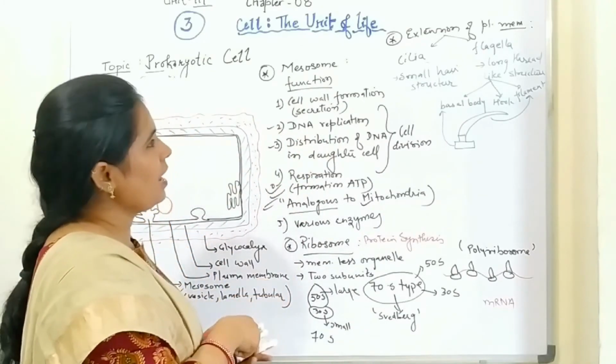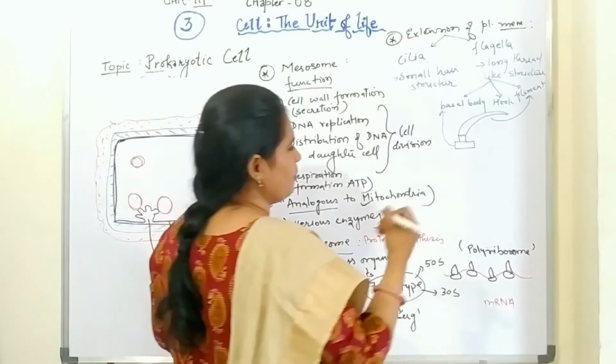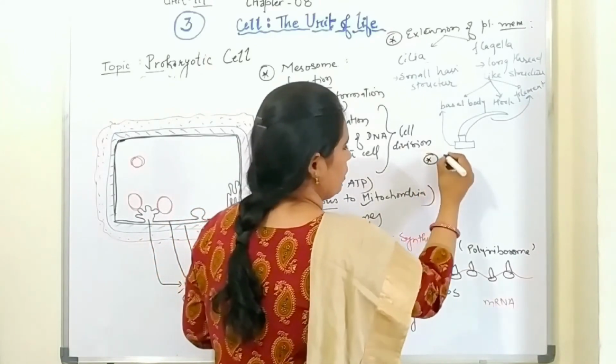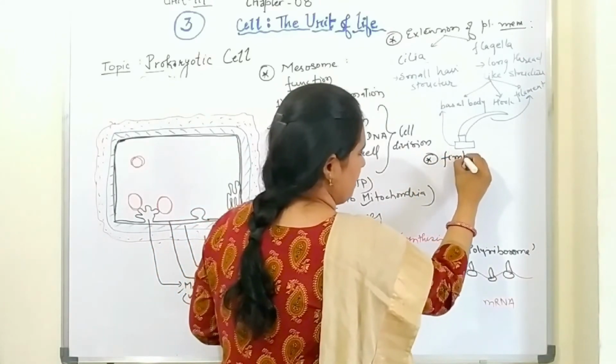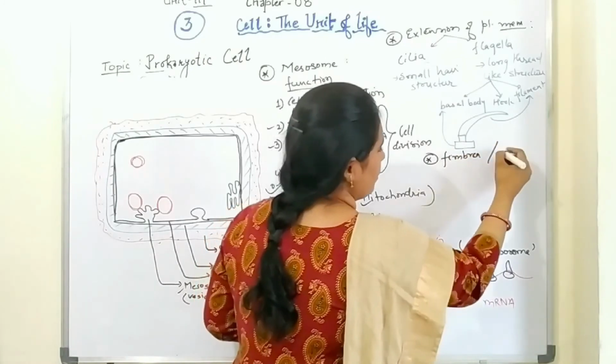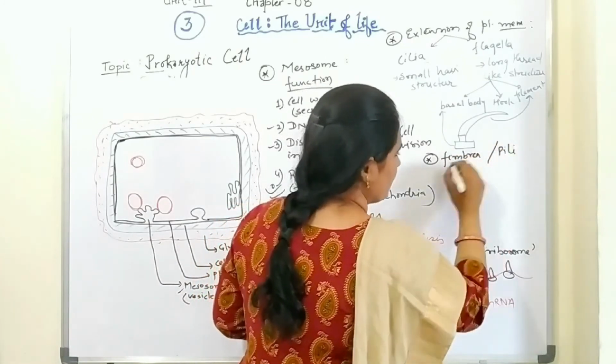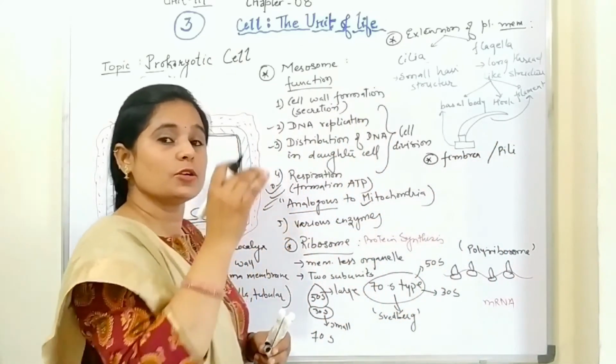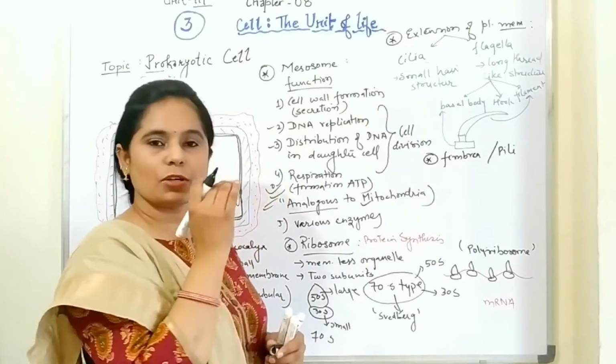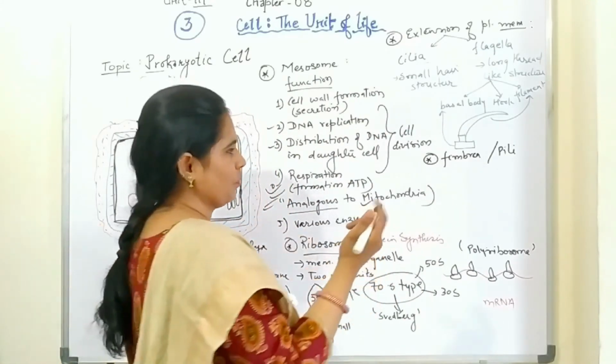Now the last one, which I have already briefed you, is the fimbriae and pili. These are the two structures which are superficially attached to the cell envelope.